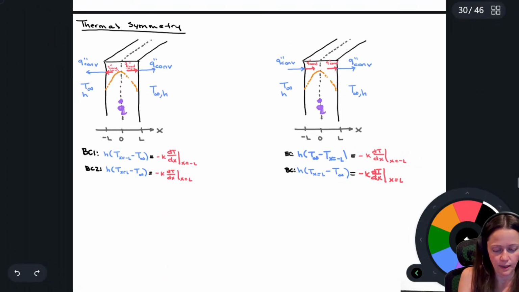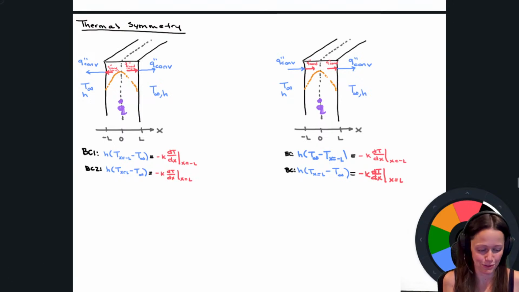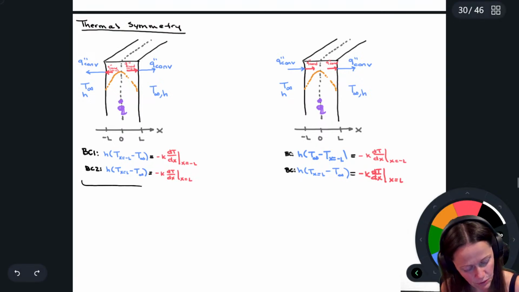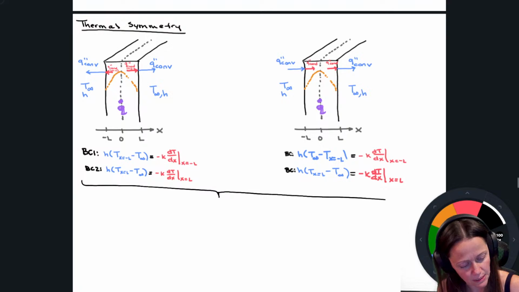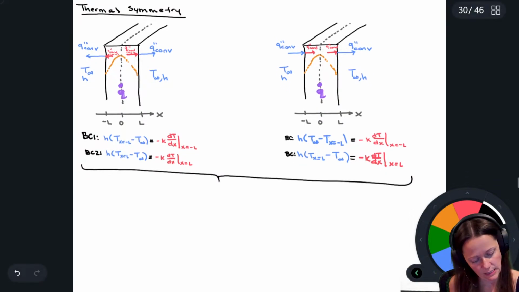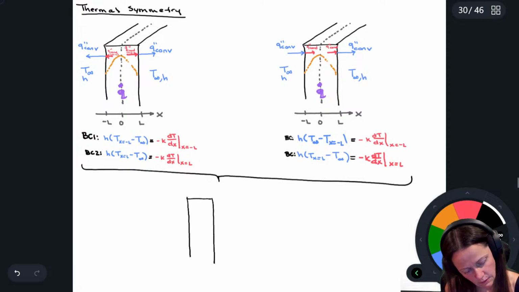Again, this is still not taking advantage of thermal symmetry. What would take advantage of thermal symmetry is if I said, let's actually just solve for half.